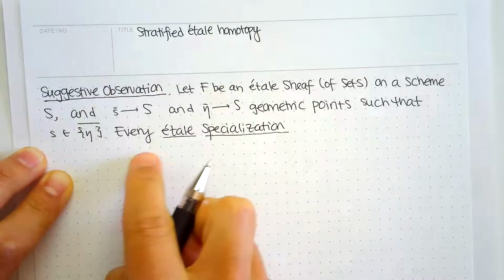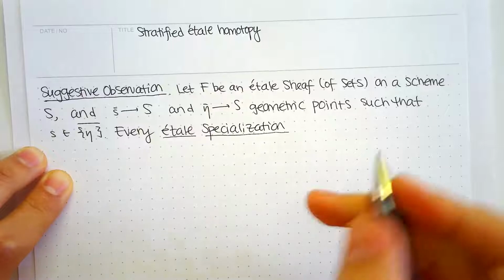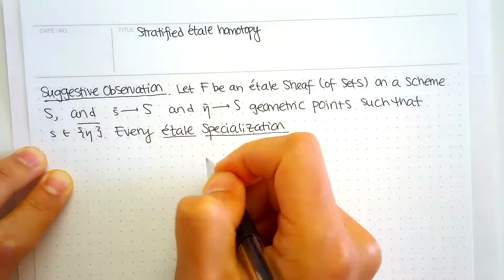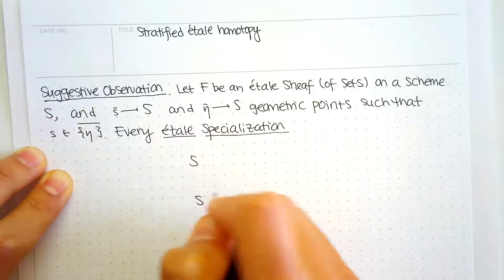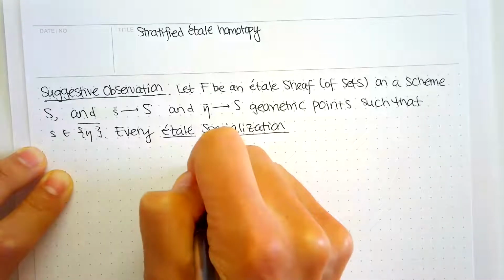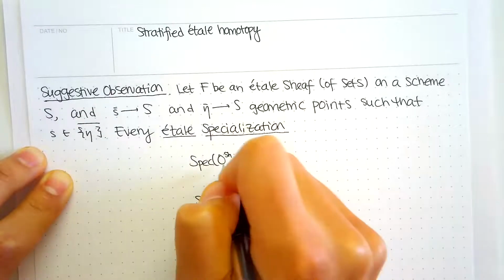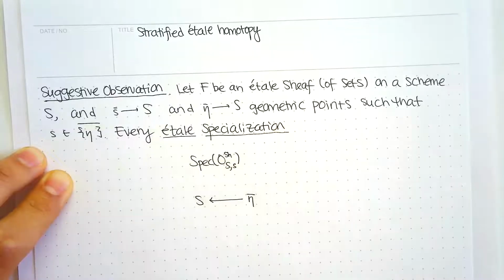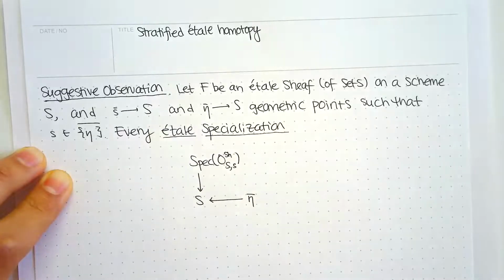But if you want to talk about a specialization of geometric points in the Étale topology, the right way of saying that is that you're choosing a lift. So you have your point eta bar mapping in here, and you can look at the spectrum of the strict henselization of the local ring. So that's the infinitesimal neighborhood of the point little s in the Étale topology.